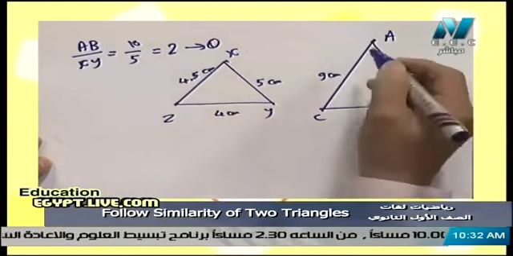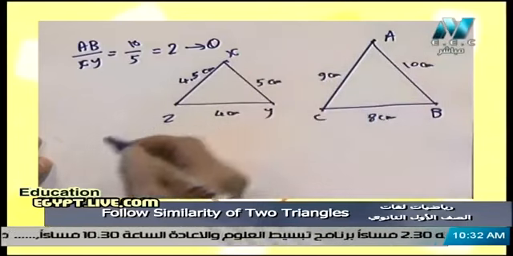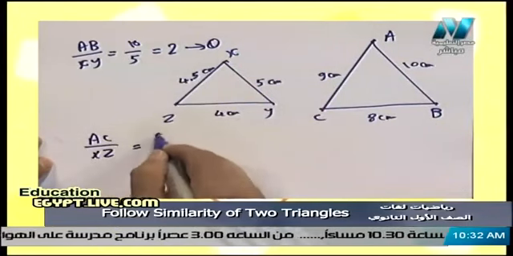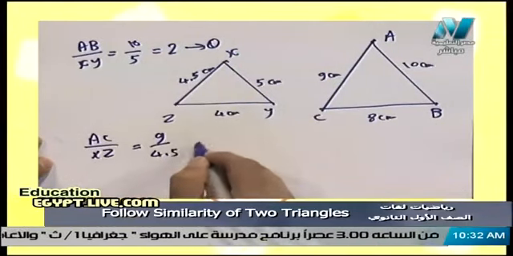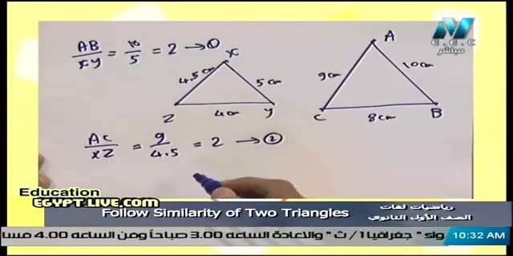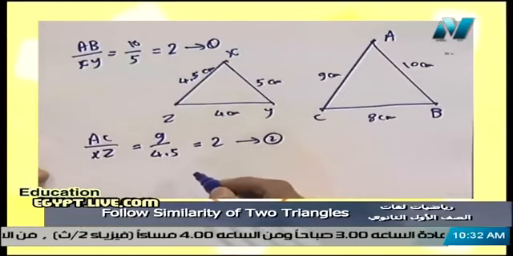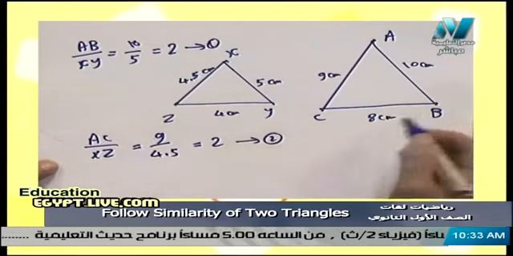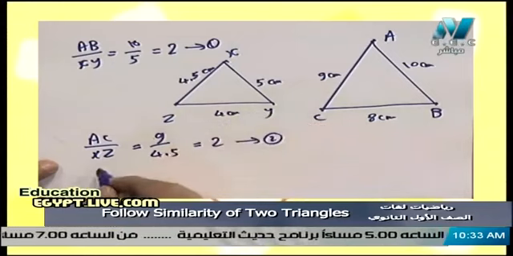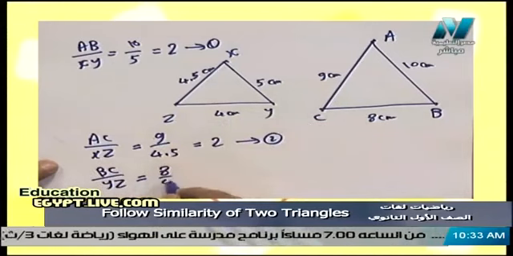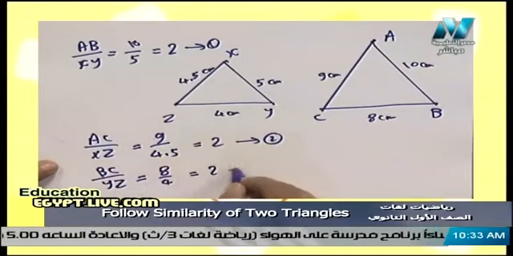And also AC over XZ equals 9 over 4.5, which equals 2 also. This is equation number 2. And finally, BC over YZ equals 8 over 4, which equals 2 also.